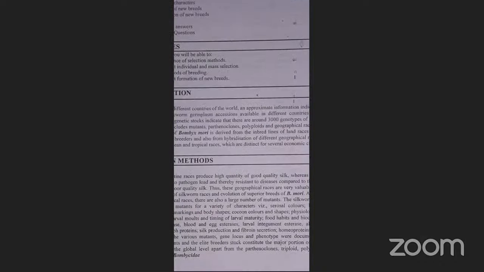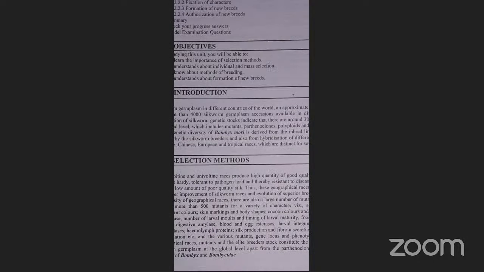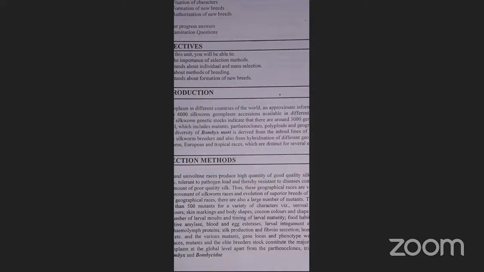A very recent compilation of silkworm genetic stocks indicated that there are around 3,000 genotypes of Bombyx mori. So what is a genotype? A genotype is the genetic makeup of the organism.